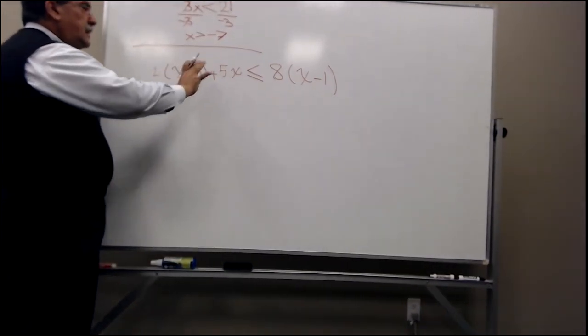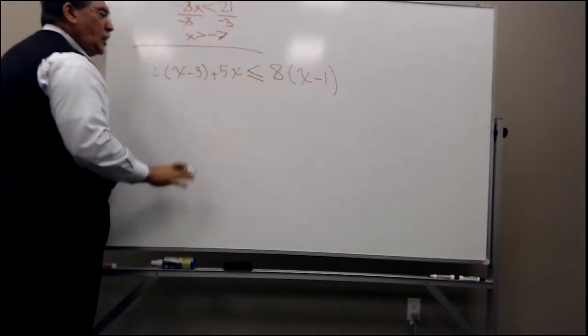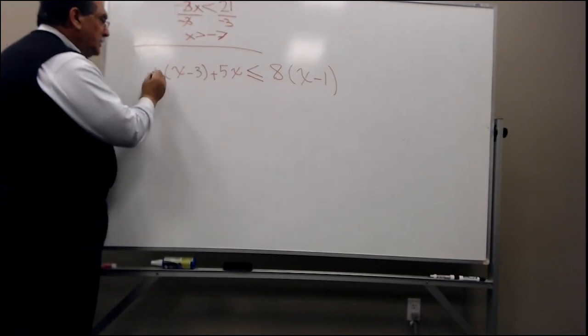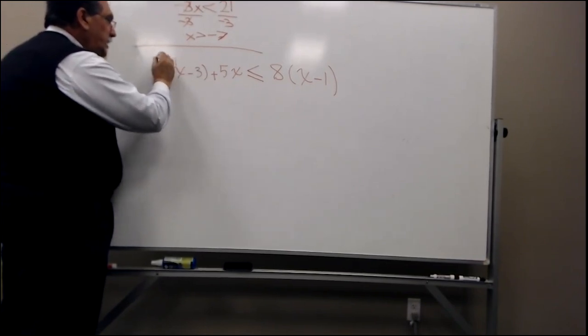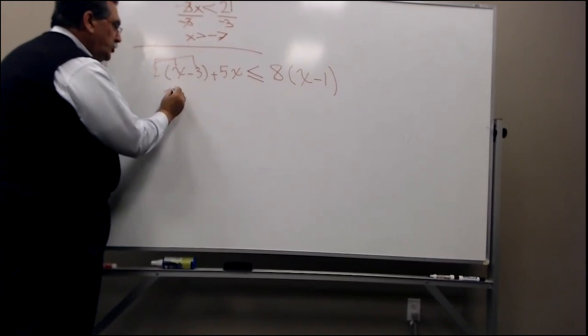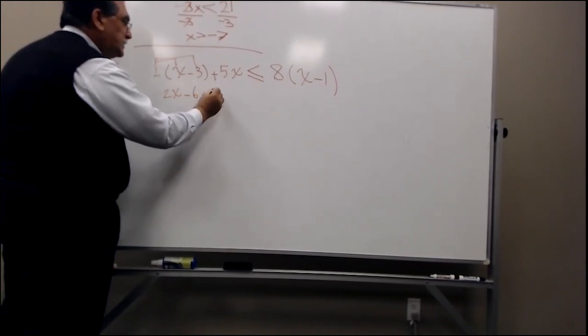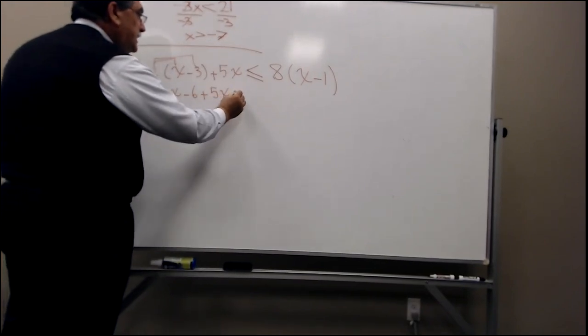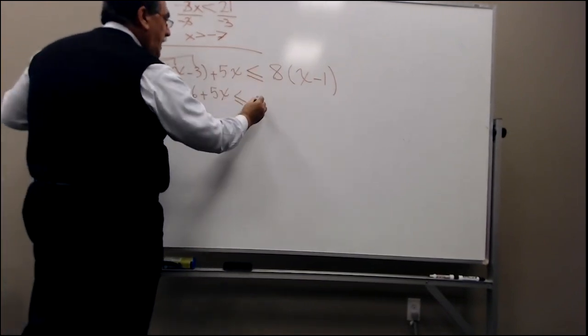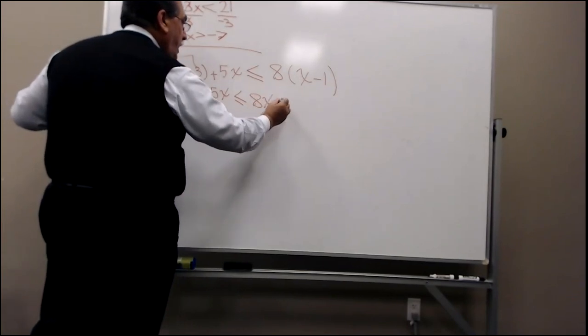First, I multiply 2 by x and 2 by minus 3. I get 2x minus 6 plus 5x less than or equal to 8x minus 8.